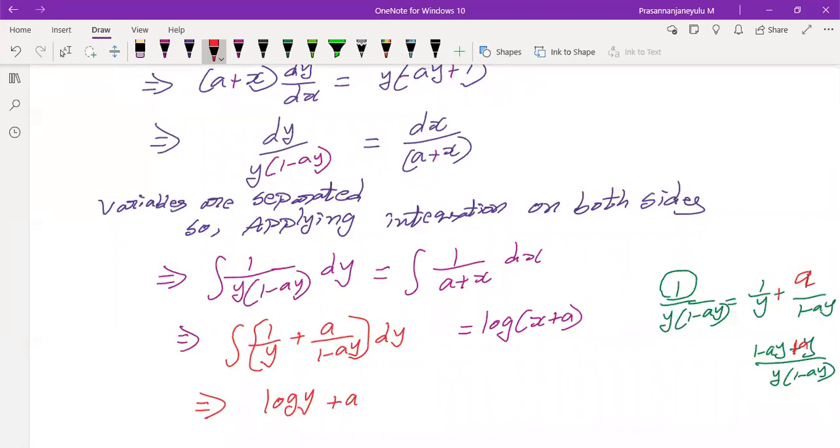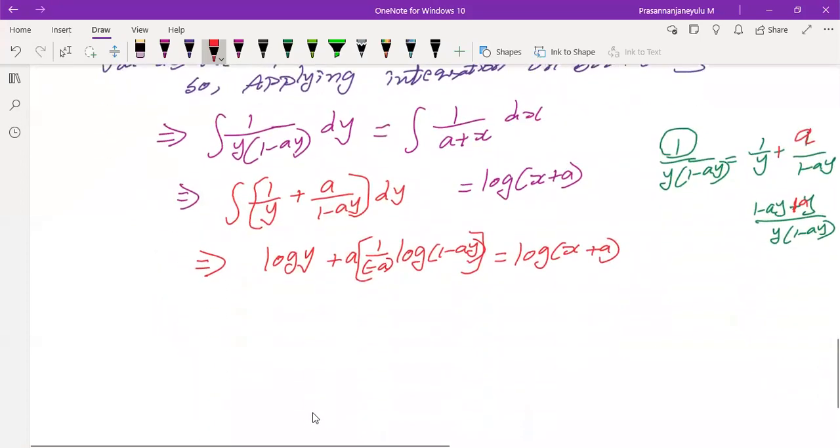Log of 1 minus ay into 1 by minus a. So the brackets for this is equal to log of x plus a.